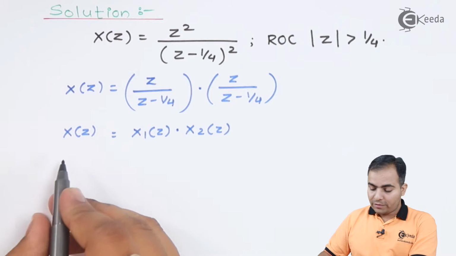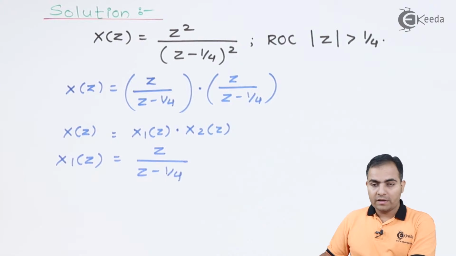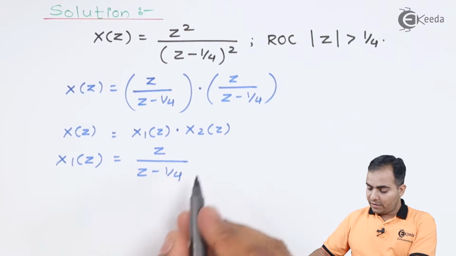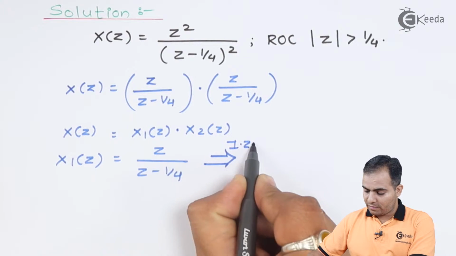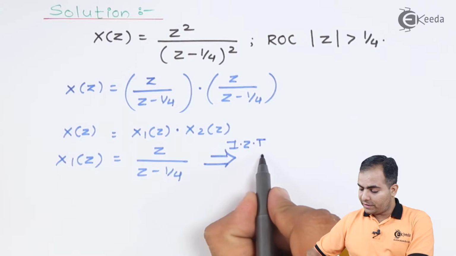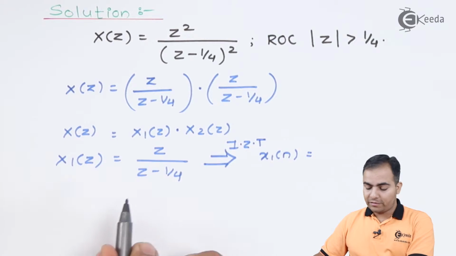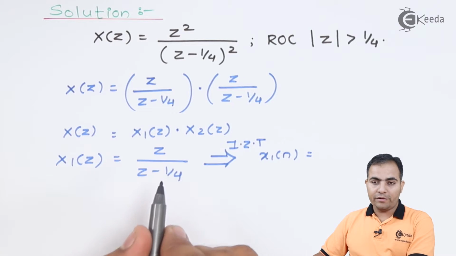Now what is x1 of z? Basically z upon z minus 1 by 4. If you go for the inverse Z transform of this, then I can write x1 of n. For z upon z minus a, this is the time scaling property applied on u of n.